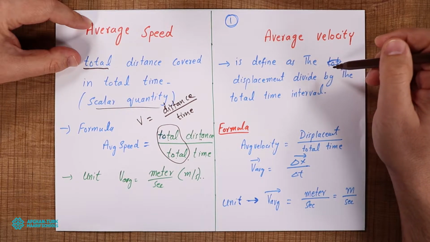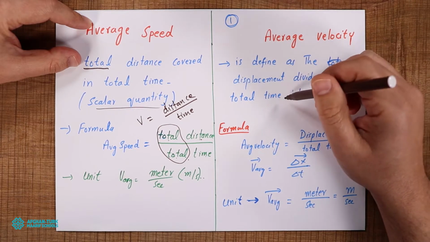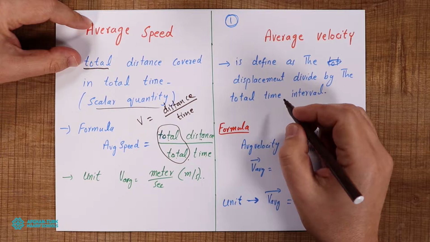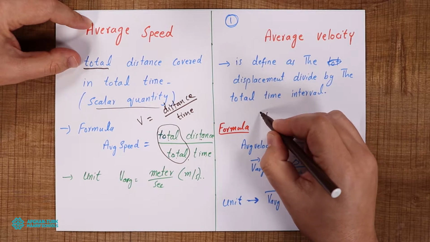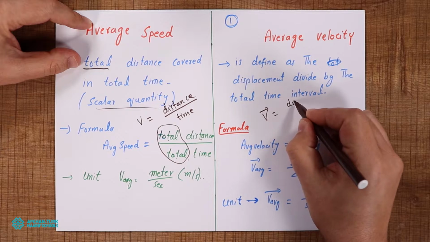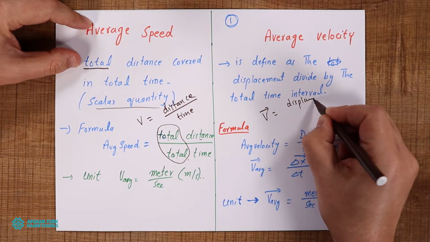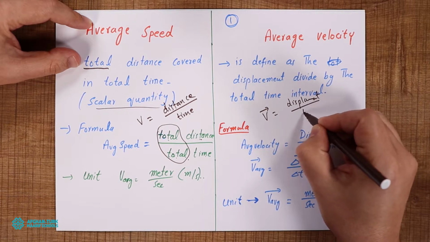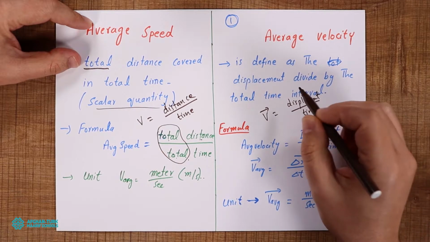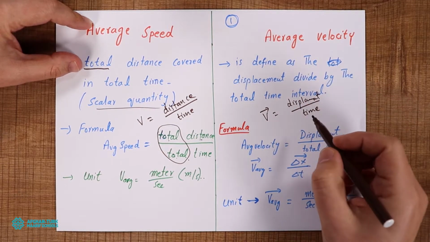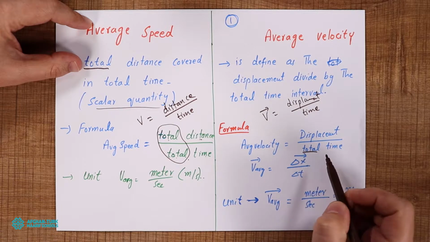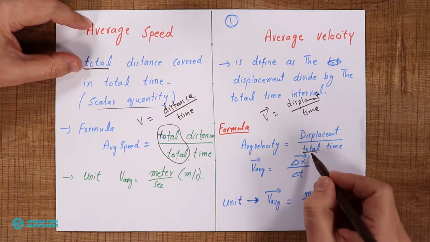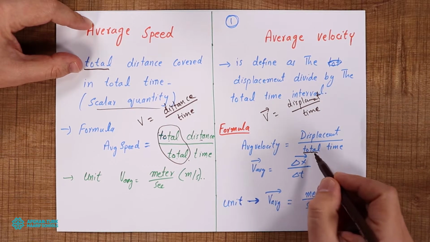Now average velocity. Average velocity is defined as the displacement divided by total time. For simple velocity, we say velocity is equal to displacement divided by time. Now average velocity we define as displacement divided by total time. In average velocity we add the word total.